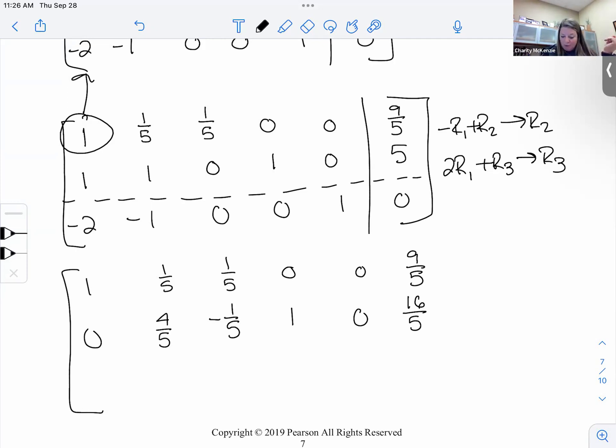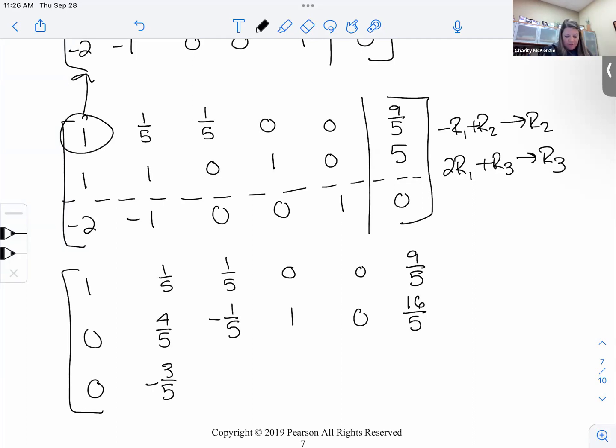Okay, last row. 2 times the first row, and that's going to make a 0. 2 times 1/5 is 2/5, and then 2/5 plus -1 for that bottom, and I get -3/5. Don't like fractions, but sometimes you just got to deal with them.